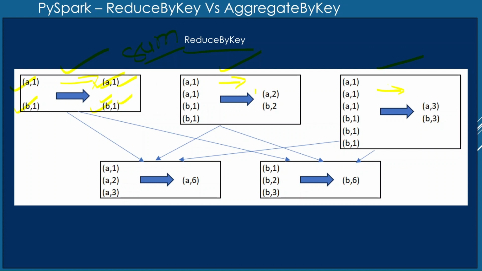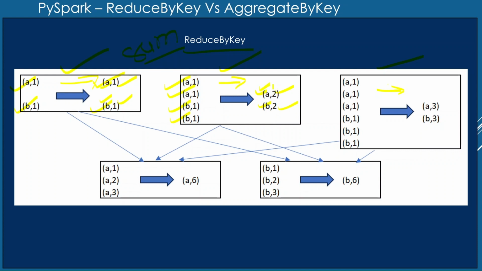Here there are two data points for the key A and two data points for the key B, and when the aggregate function operates on this partition, the resultant data set becomes like this.